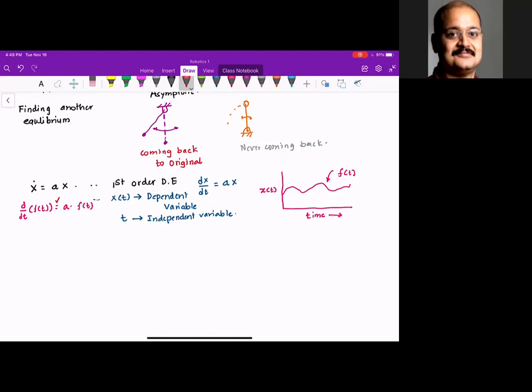Let me tell you, whatever you studied in differential equation class, you probably used the linear differential equations that can be solved in closed form, or that you can derive mathematical expressions. But many differential equations you cannot solve in closed form. So what you need to do is you will have to use some sort of approximate technique. And this is the basis of approximation.